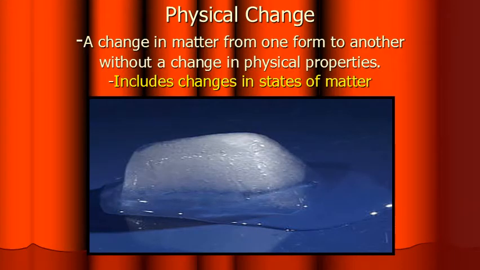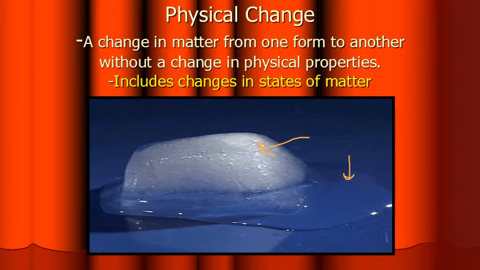So, a physical change is a change in matter from one form to another without a change in chemical composition. And that also includes changes in states of matter. You understand that this right here, the liquid water, and this right here, the solid water, they're both water. They're both made of H2O molecules.